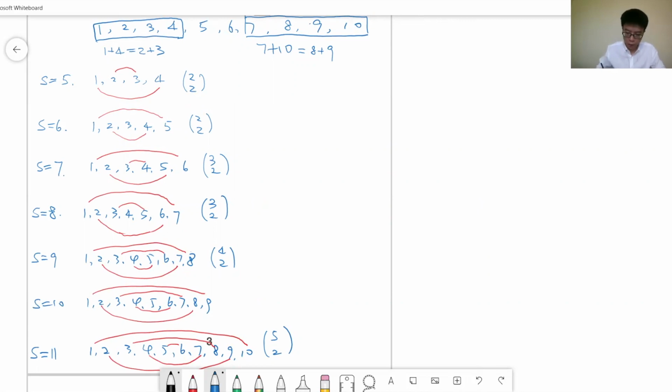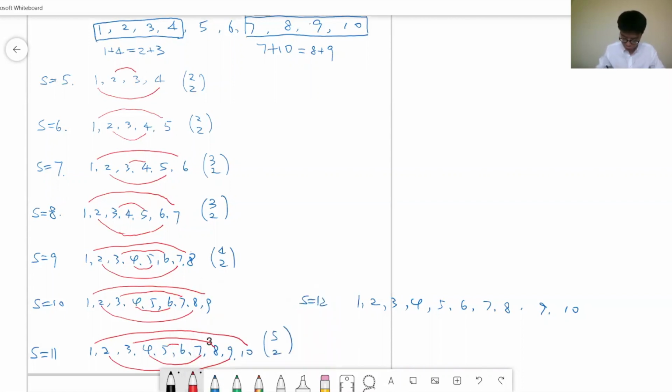So for example, if we want to count s equal to 12, we still have 10 numbers: 1, 2, 3, 4, 5, 6, 7, 8, 9, 10. So some numbers will be discarded. For example, we don't need 1, right? 1 and any number will be less than 12. So actually we need at least 2.